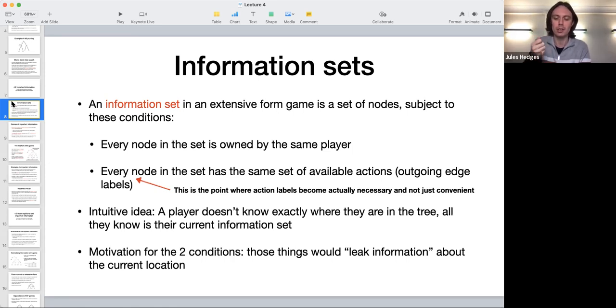The motivation is that if this was not the case, then the player being able to observe those things would leak information about where they are that goes beyond what the information set tells them. So if the player doesn't know which of these nodes they're in, they know that they own all of them, and also they can do the same actions as all of them.